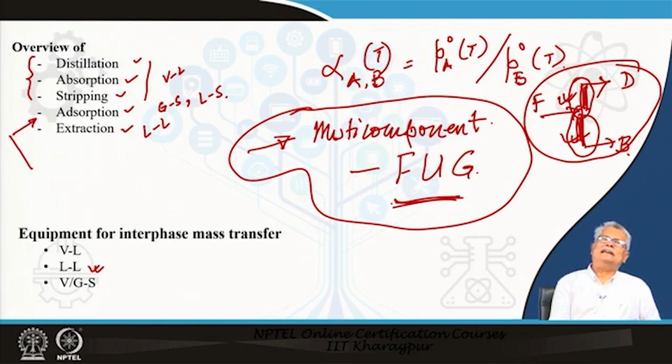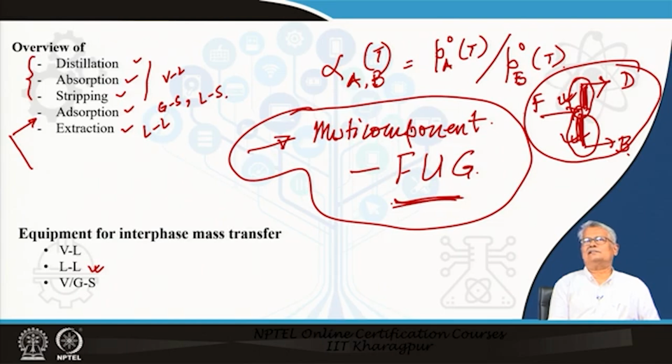Similarly, you can extract from a liquid phase by addition of a solvent one particular component preferentially dissolving into the solvent, and that is your process of extraction. One of the earliest processes of commercial extraction was the use of liquid sulfur dioxide to extract aromatics from naphtha and the kerosene fractions.